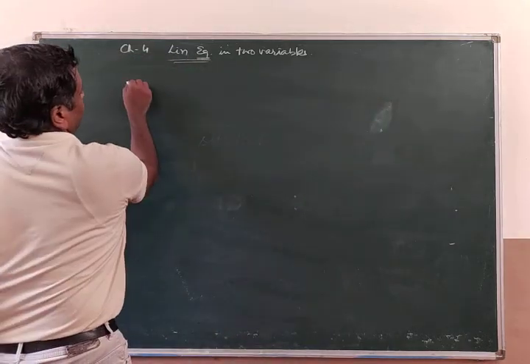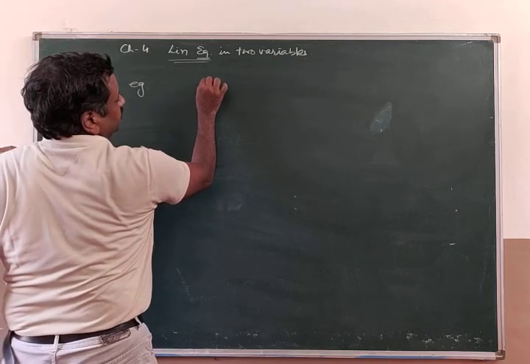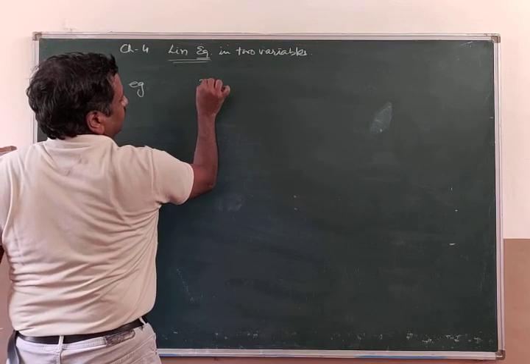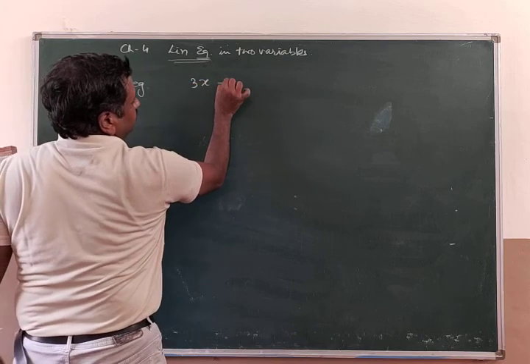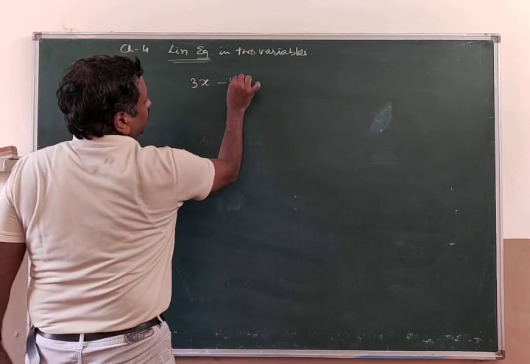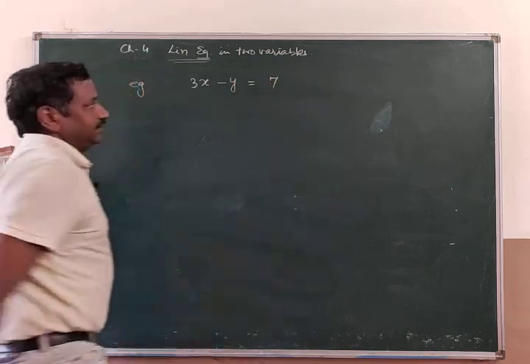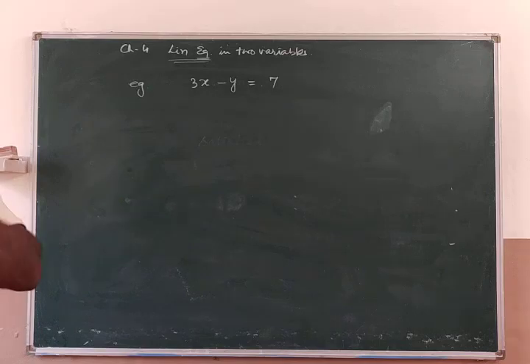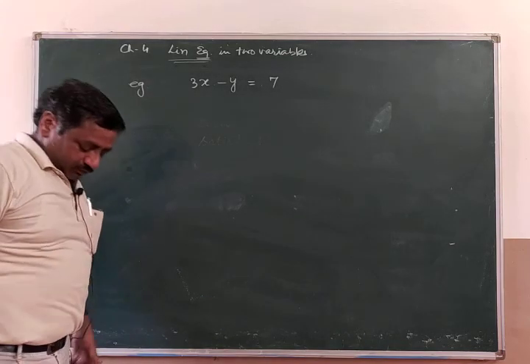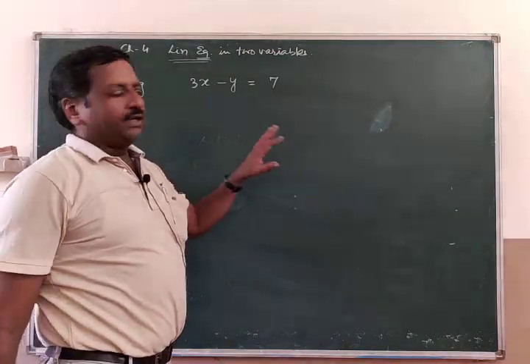For example, I have an equation 3x minus y equal to 7. So find out the value of one variable in terms of the other variable.